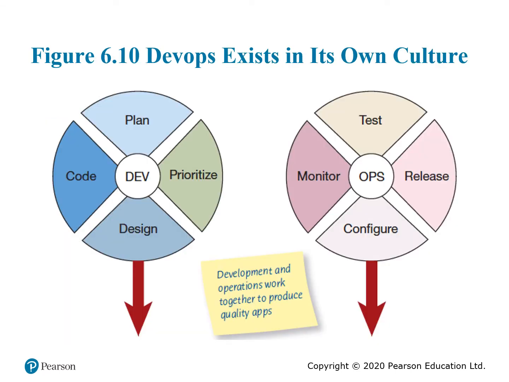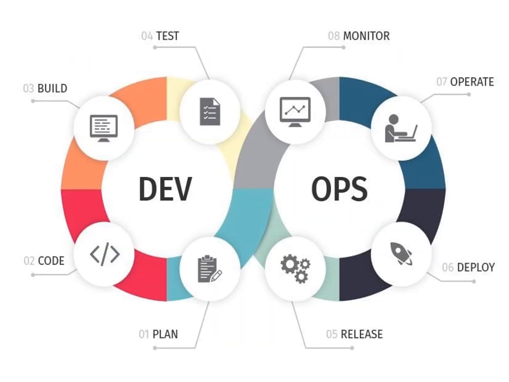Okay, so you can see that development and operations exist in their own culture. Under development we have plan, prioritizing, design, and coding, and the tasks under operations are test, release, configuration, and monitoring. So development and operations work together in a parallel manner.